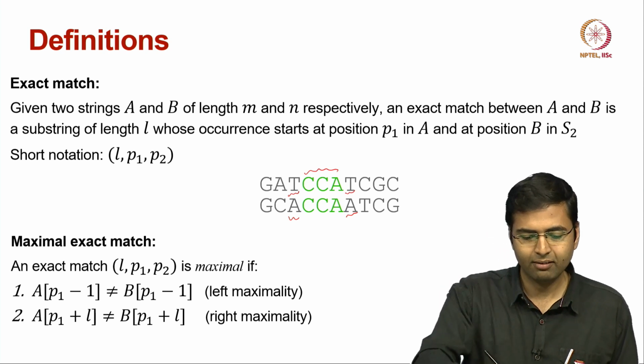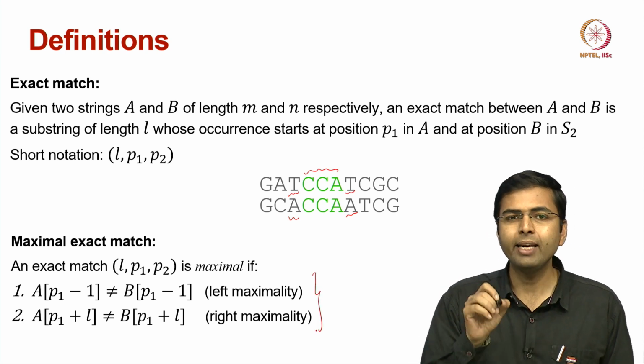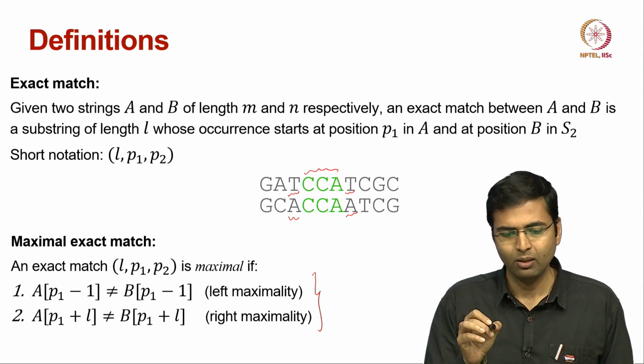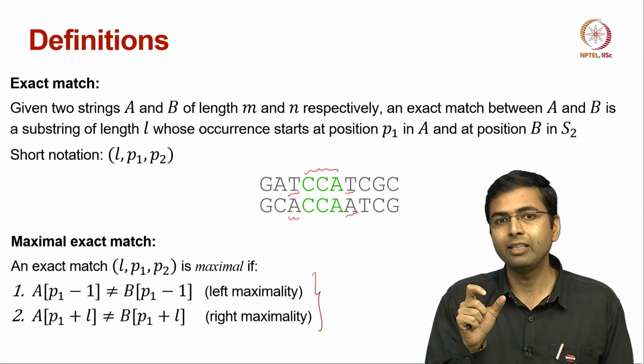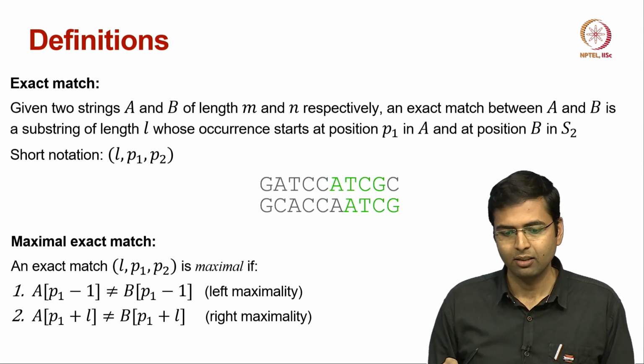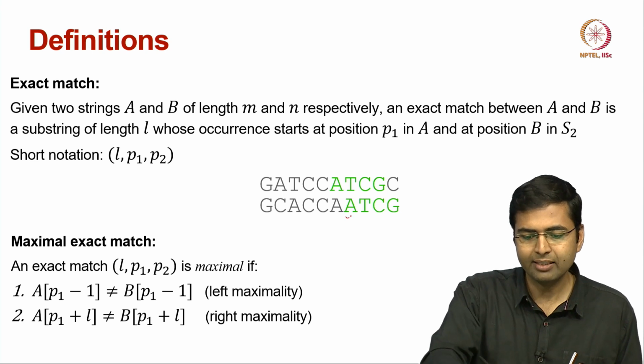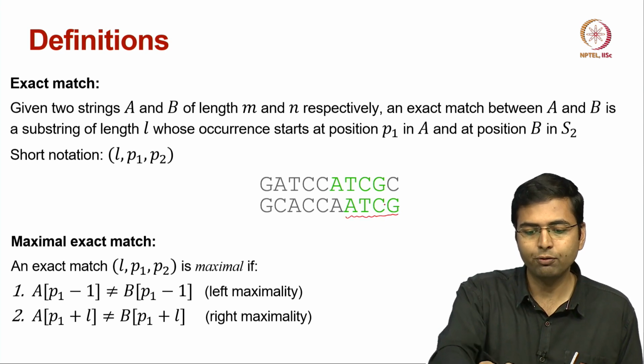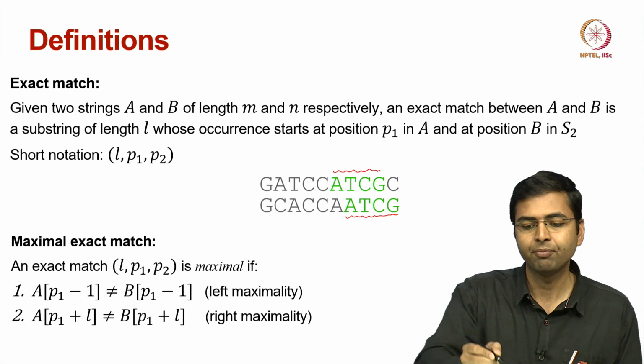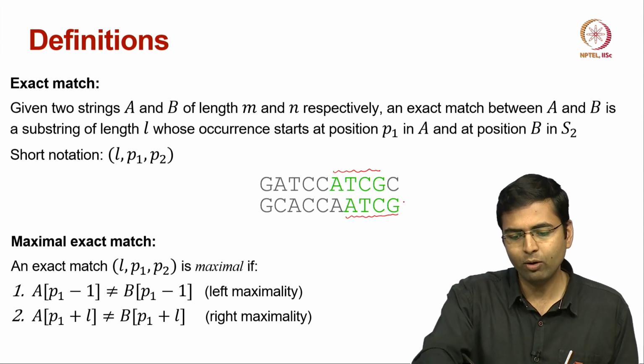Now in this definition, I am omitting a corner case. What happens if my string is on the boundary of the sequence? So for example, in this case there is an exact match of substring ATCG, but notice that there is no right character here.